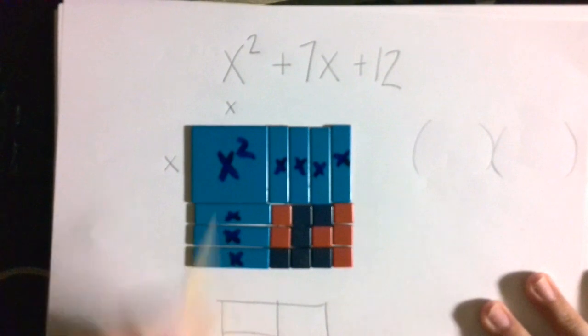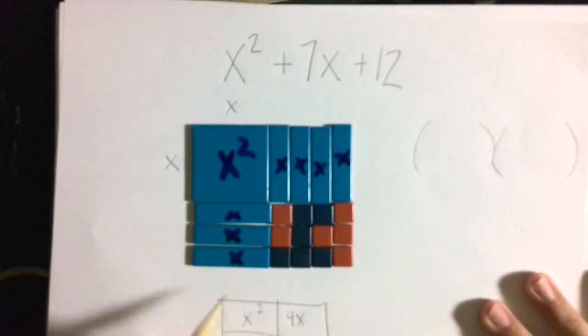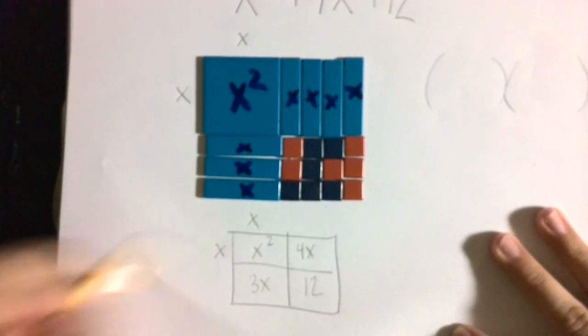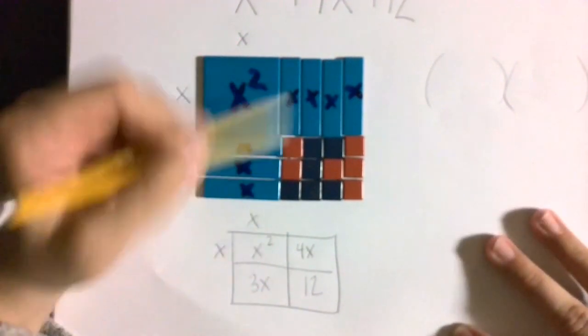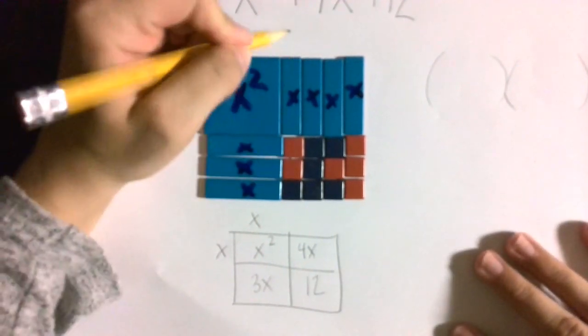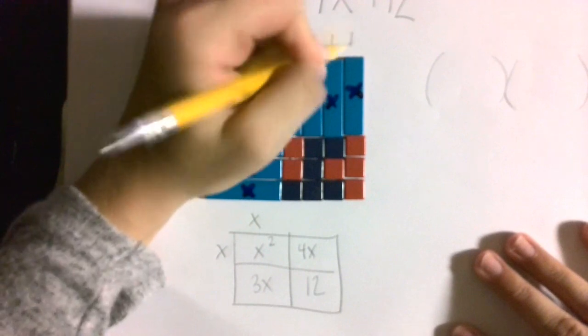my top corner would have the x squared. I would have 4x, 3x, and 12. And then I could start to find what's in common. So for example, I have x and x. Same thing goes here, okay? And then since I have x and a 1 and a 1, the only thing they would have in common is a 1. So each of these is a 1.